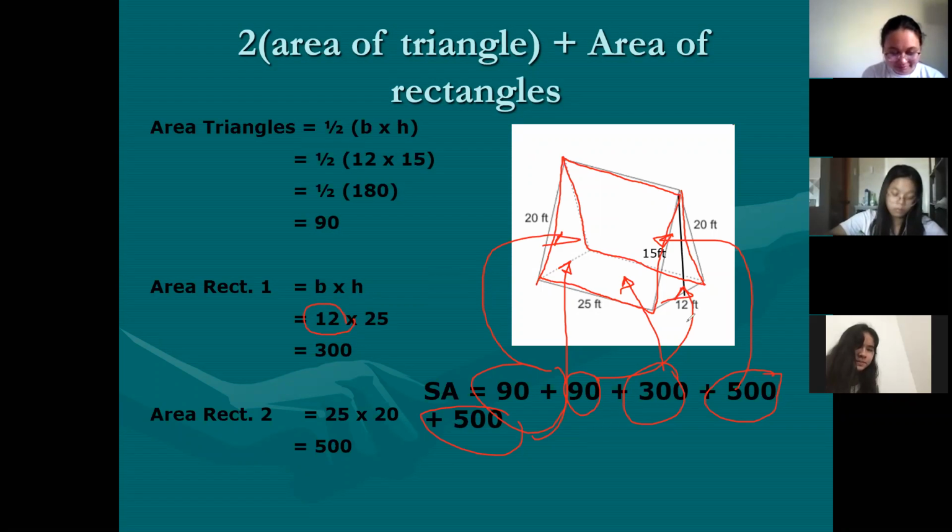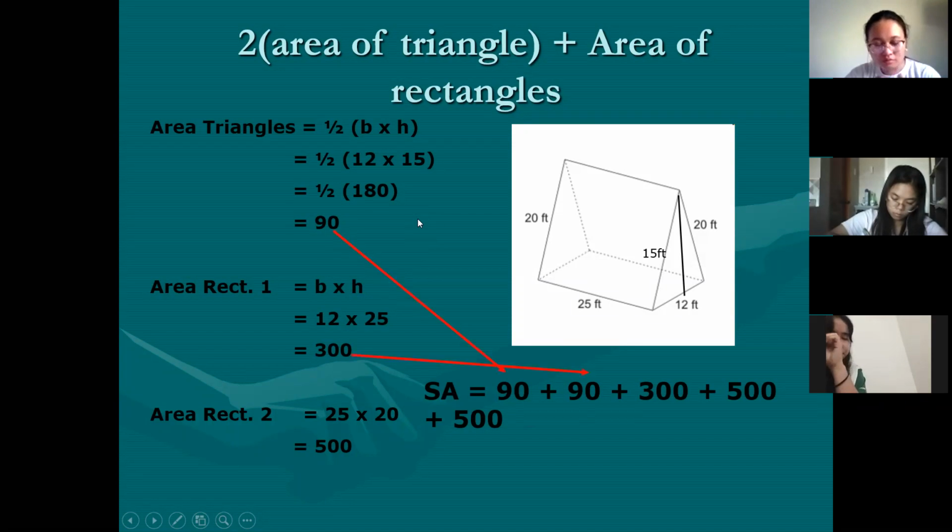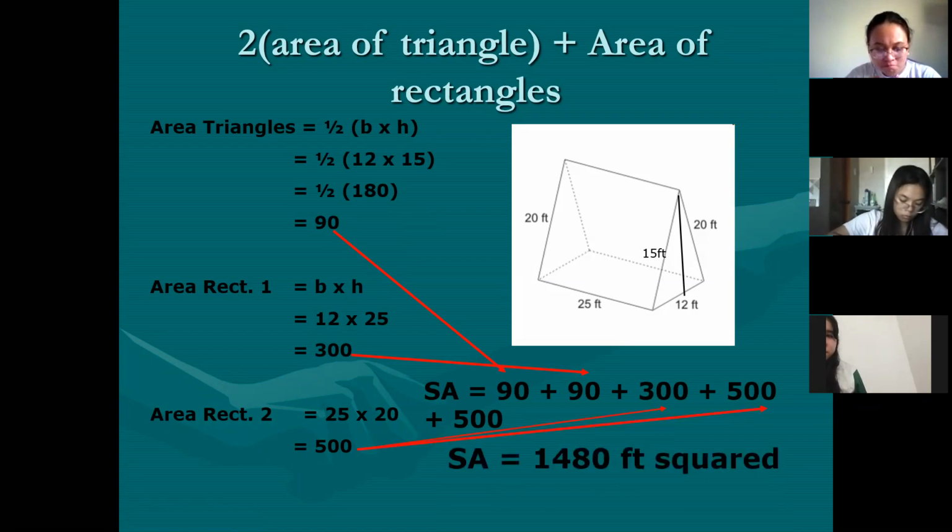Probably not, so you have to really look at the given, class. So we have the sum of 90, 90, 300, 500 and 500 to get 1,480. So we have the total surface area of the triangular prism, 1,480.